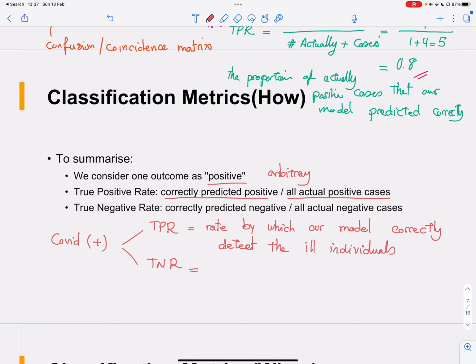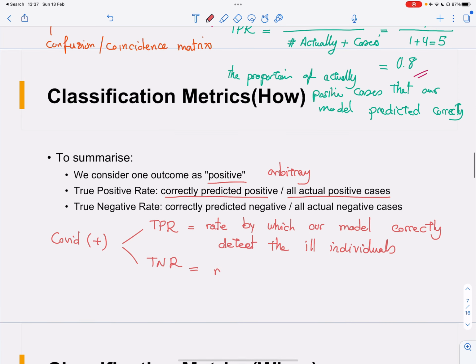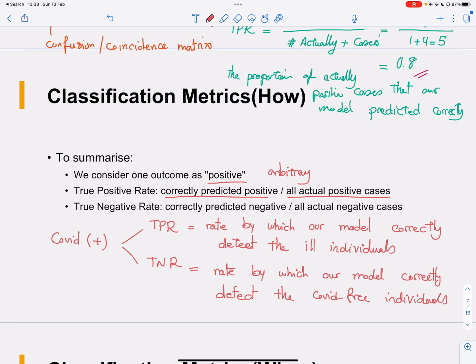And true negative rate would be, since COVID is positive, the rate for the not healthy, but let's say COVID-free individuals.